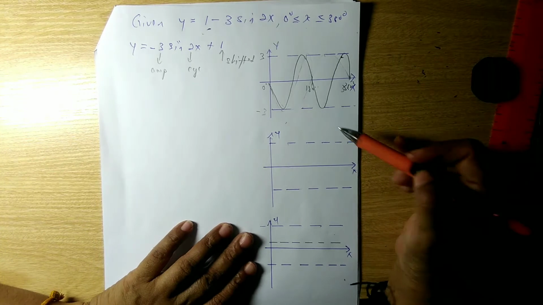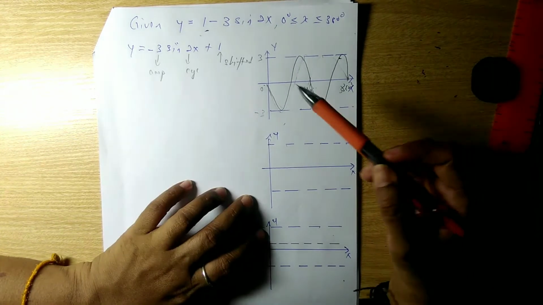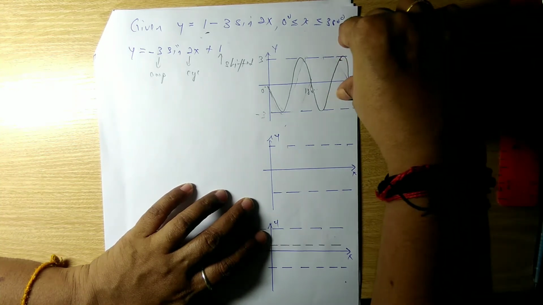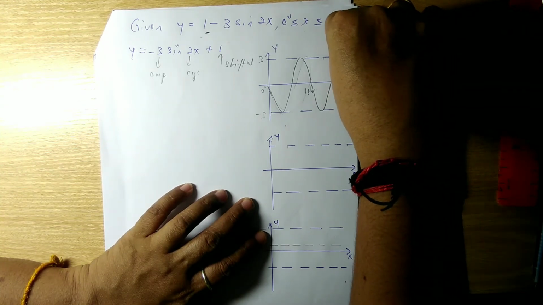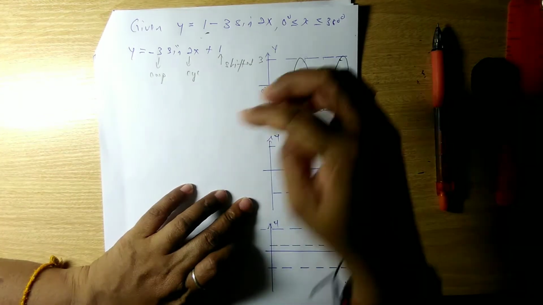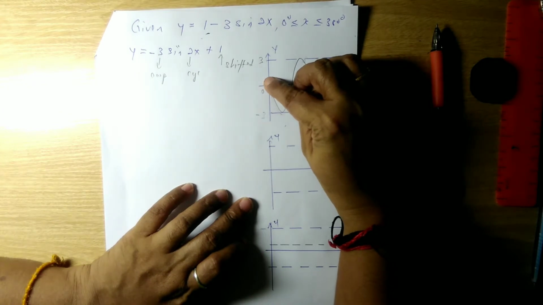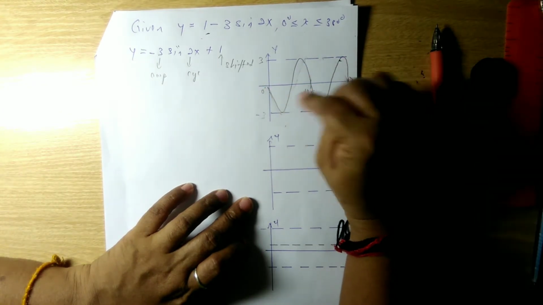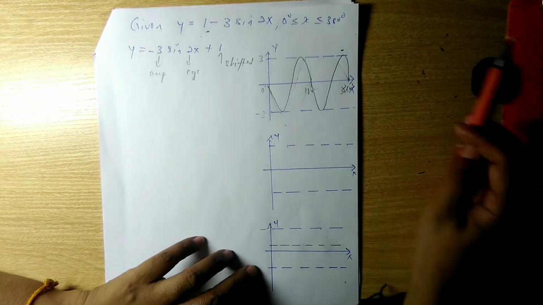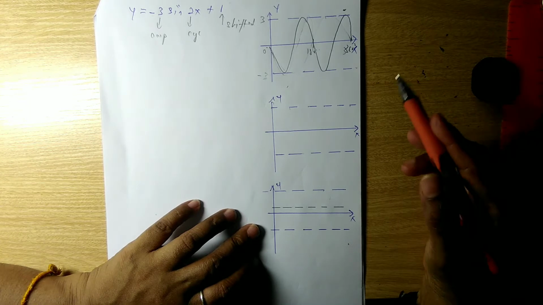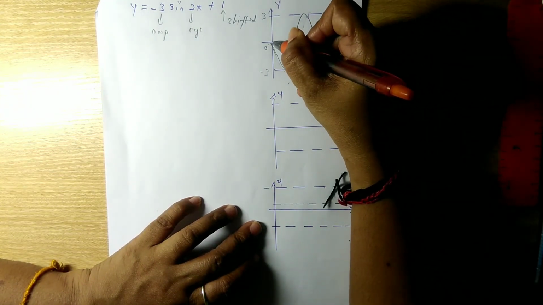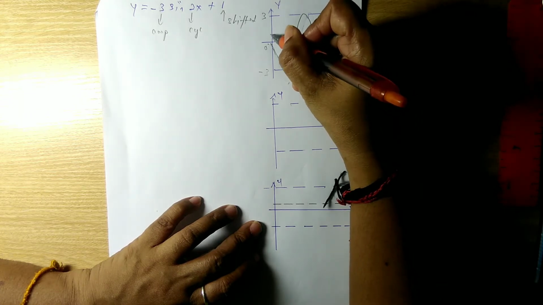Now the plus 1 means the entire graph is going to be shifted up 1 unit. Every point moves up 1 unit. Originally it's at 0, and going up 1 unit means it starts at 1.